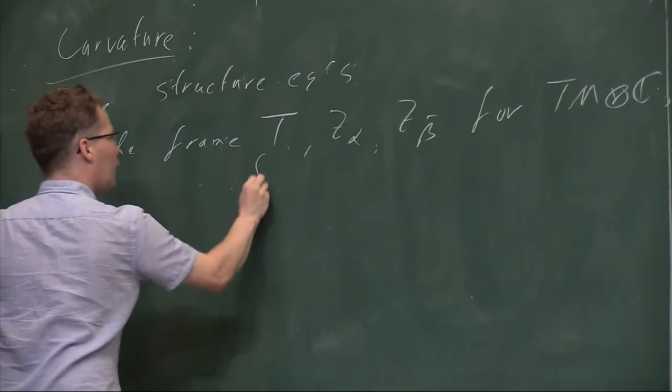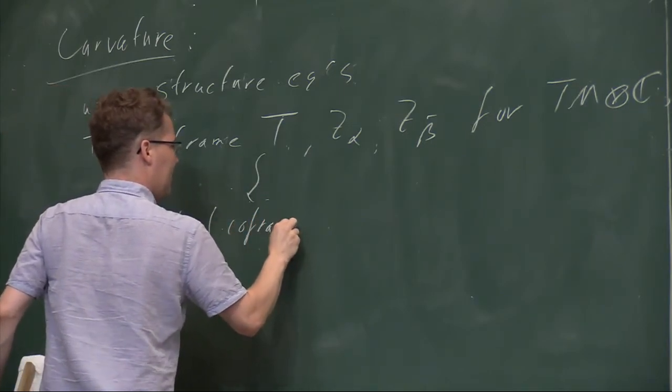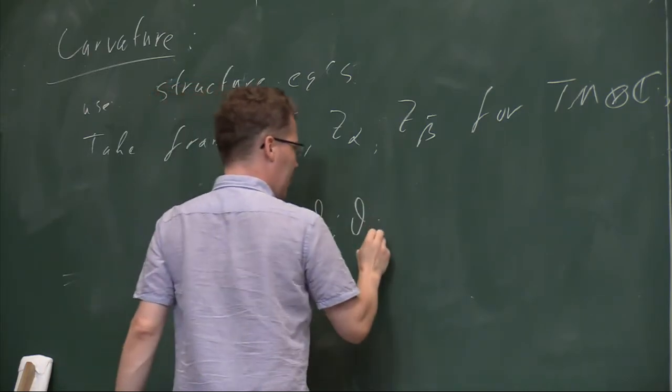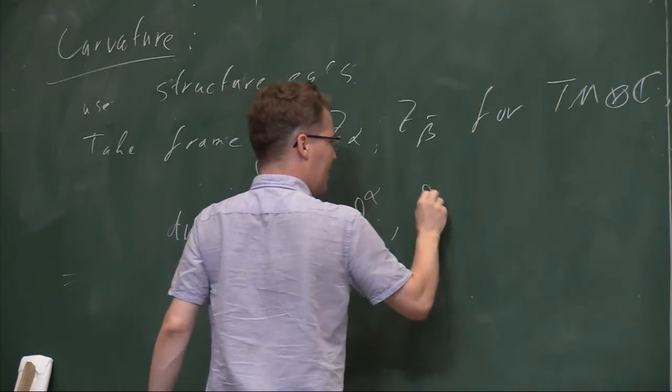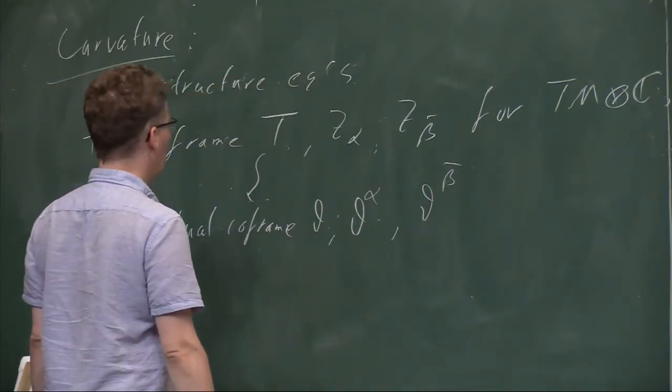Okay, and then we have a dual frame, so the co-frame, and this is theta, sometimes called theta 0, and then theta alpha, and then theta beta bar. Okay, so it's just a dual frame.